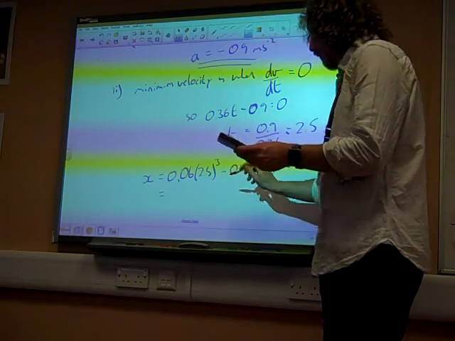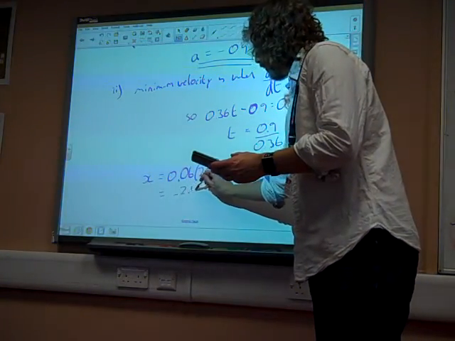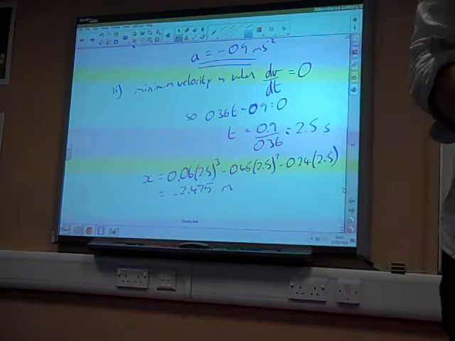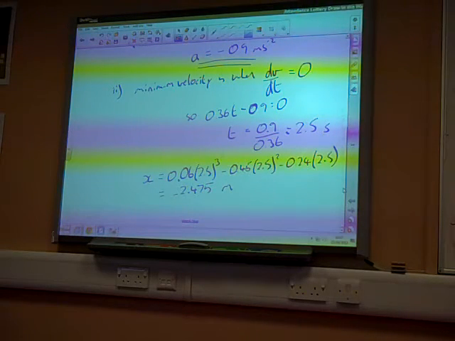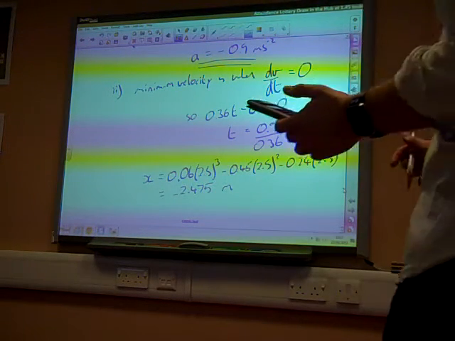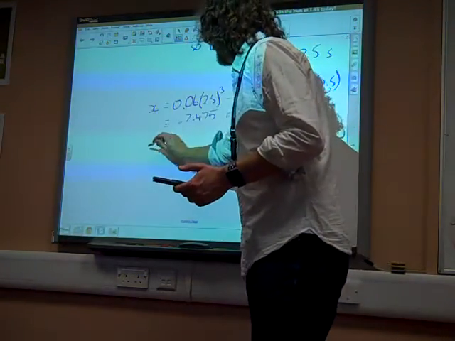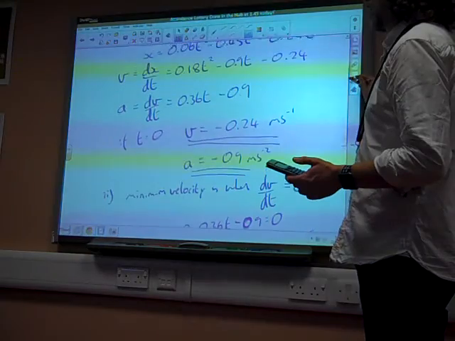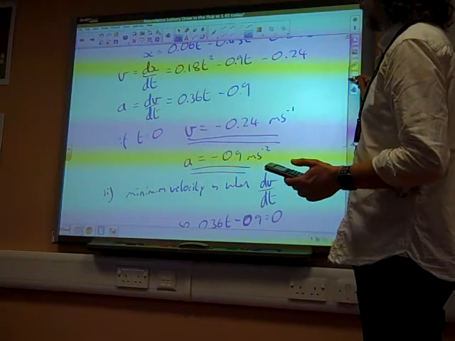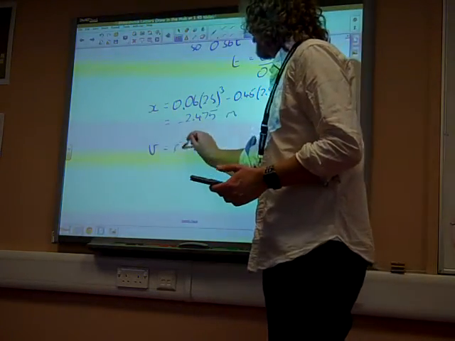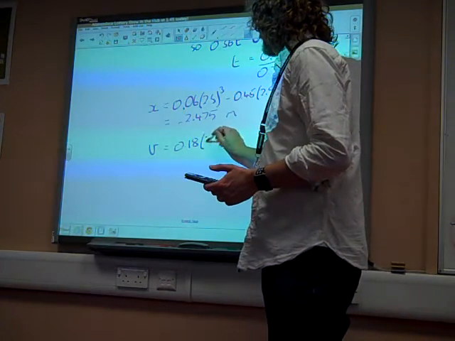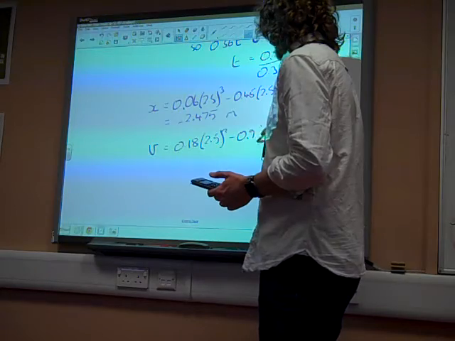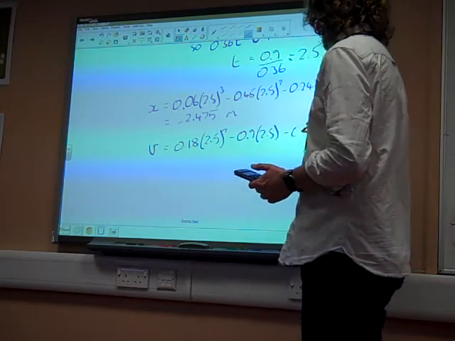I've come up with a figure of minus 2.475 meters. That's my value of x. And the velocity is that equation there, so 0.18 times t squared minus 0.9 times t minus 0.24.